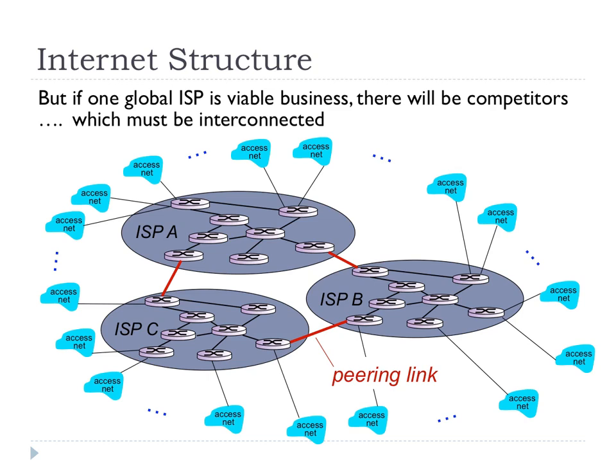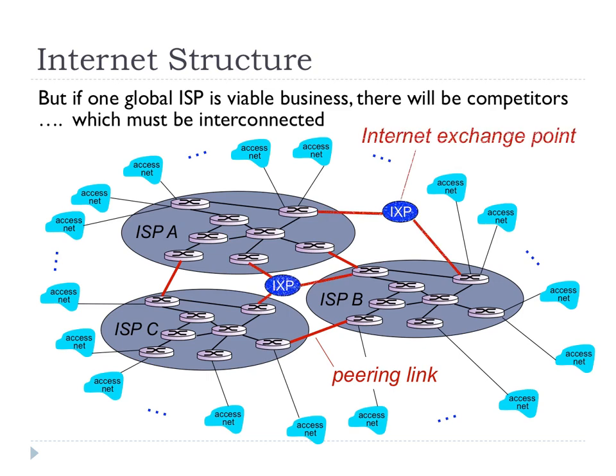So I can send traffic to you, you send traffic to me in an equal kind of way. Another approach to this problem is that there are these third-party people that run an internet exchange point where multiple tier 1 ISPs will link together and share data among themselves at this place. They'll link up at the IXPs.